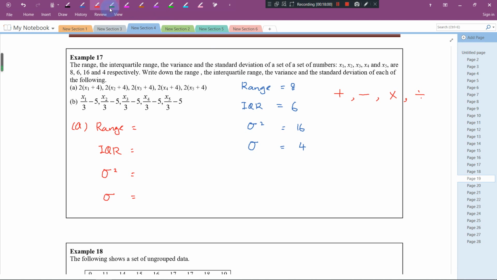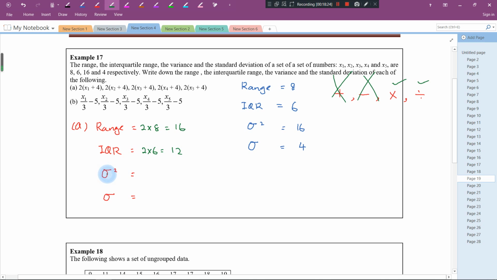So these two will not affect them. Only this and this. The 4 is just to confuse you, so just forget about the 4. So the new range, 2 times 8, is equal to 16. The new interquartile range, 2 times 6, is equal to 12.